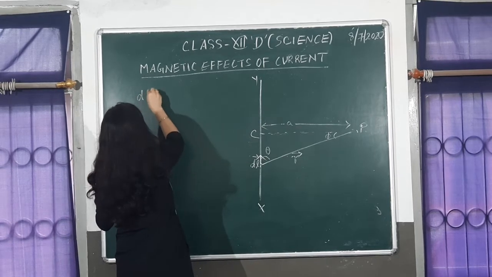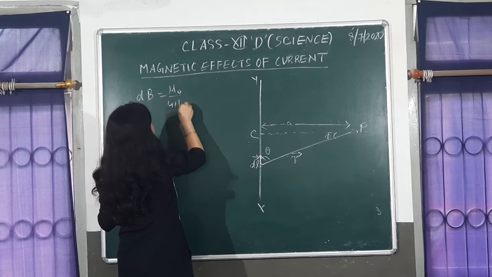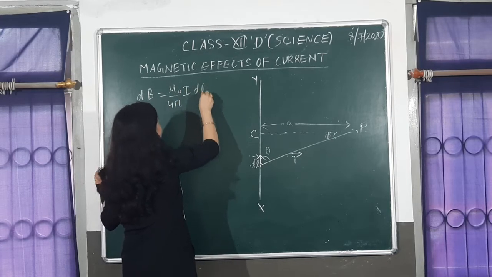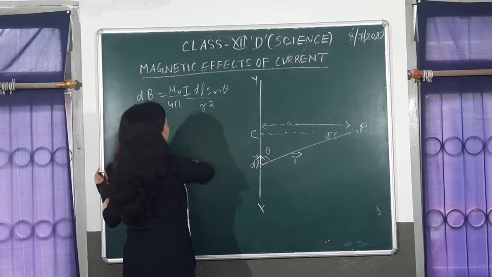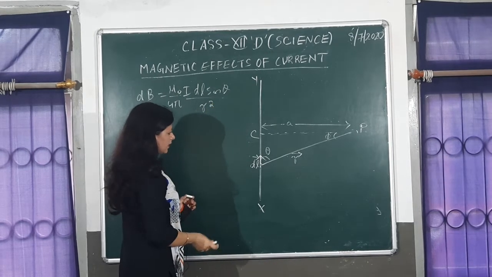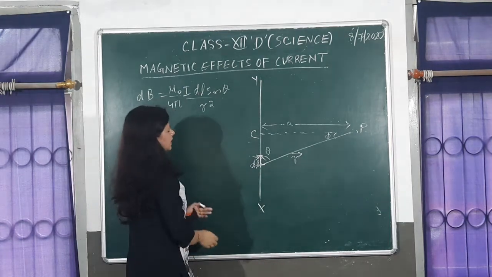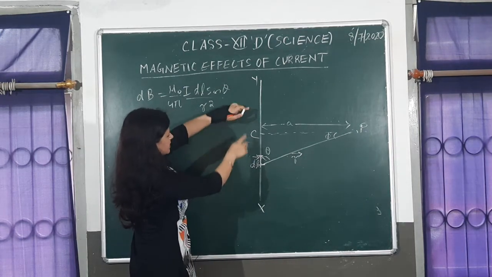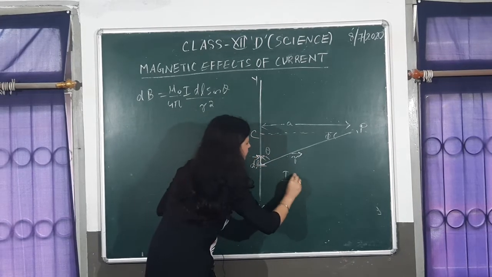Applying Biot-Savart's law, dB will be equal to mu naught by 4 pi I dl sine theta by r square. Alright, now here what will be the total current flowing? If the total current flowing in this entire length is I, then the current for this small element will be equal to I dl.